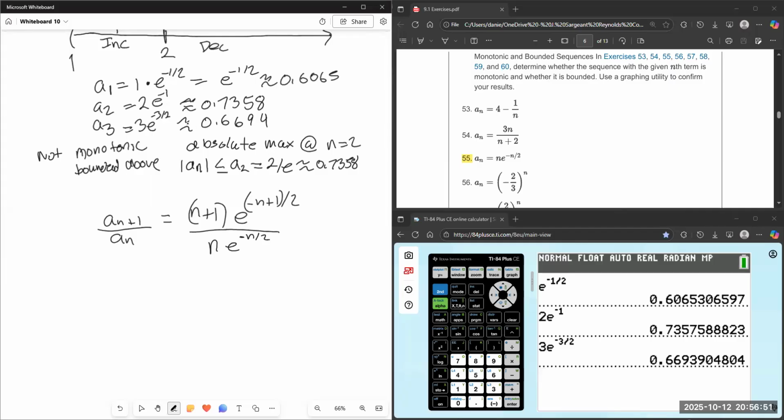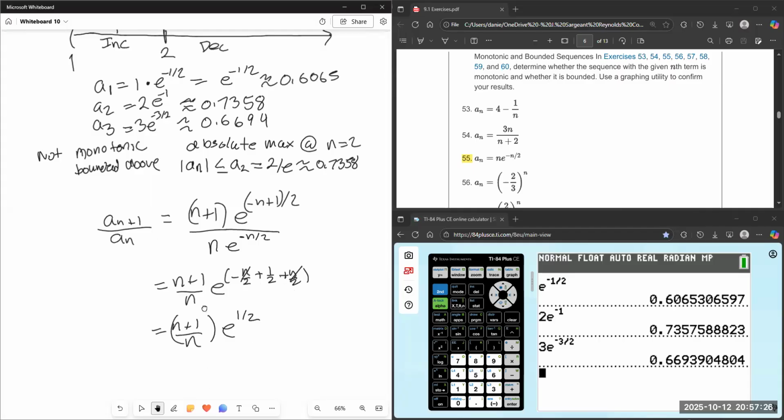And we can see what that's going to do here, that this is n plus 1 over n e to the negative n over 2 plus 1 over 2 plus n over 2, which will be n plus 1 over n e to the 1/2.